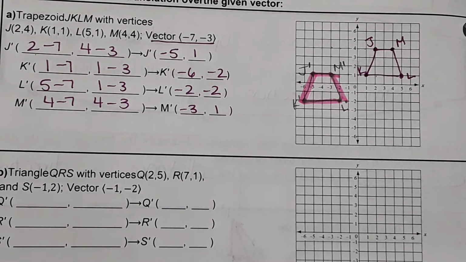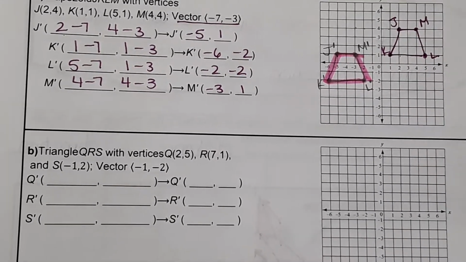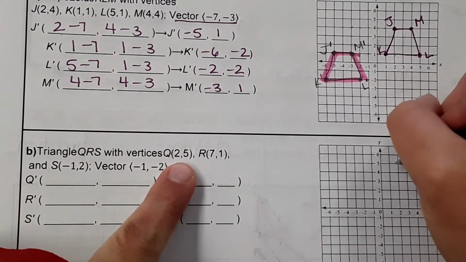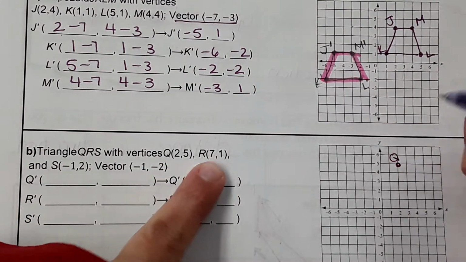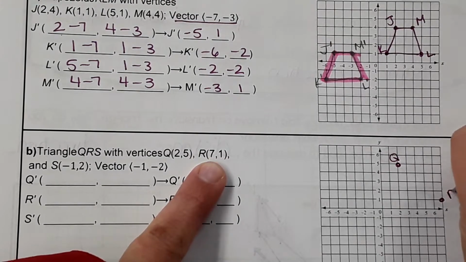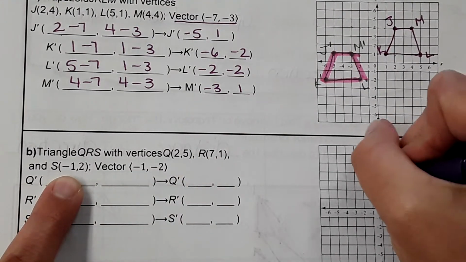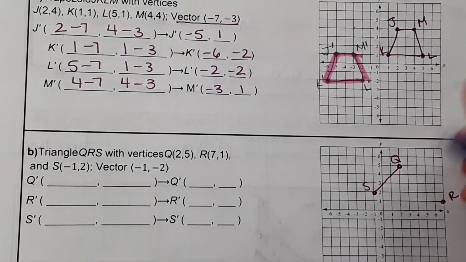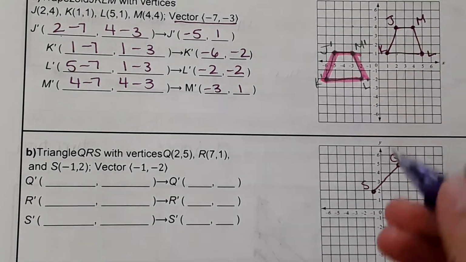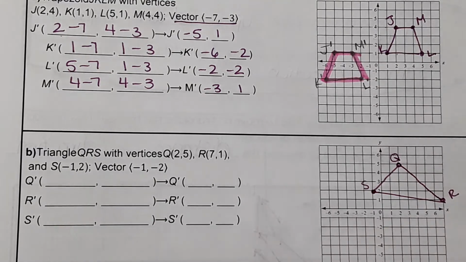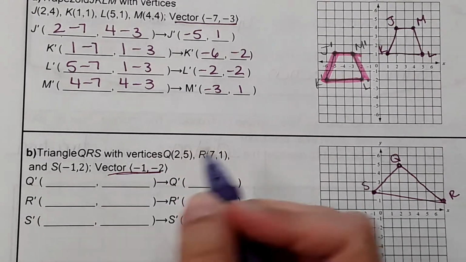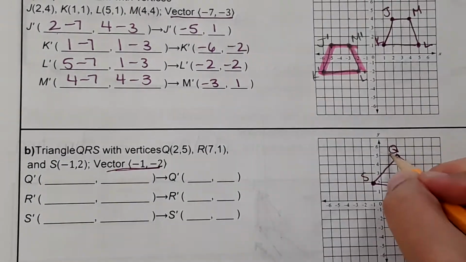The next one's the same exact thing. We're gonna graph the triangle, the original. And then from that point, our vector is -1, -2, so we'll go to left 1 and down 2.